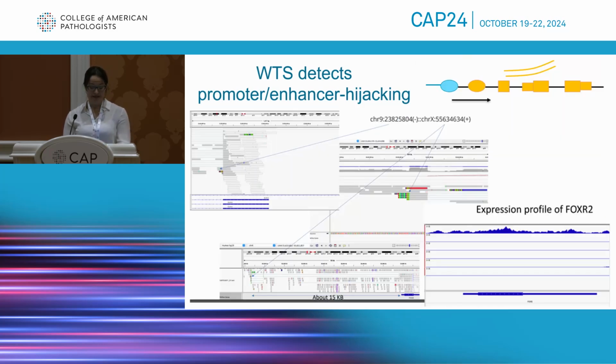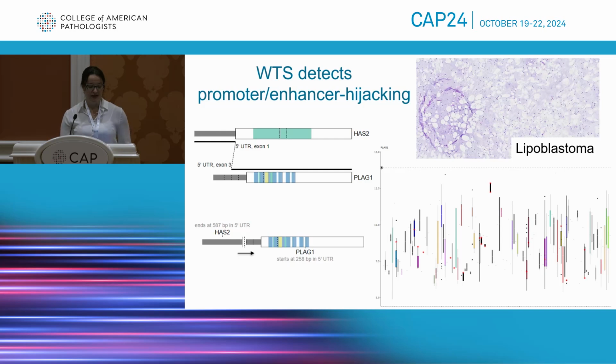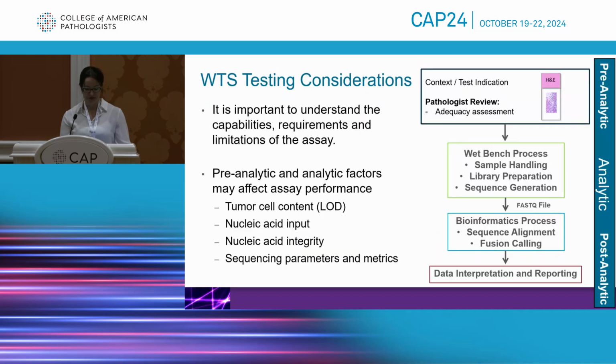That's a mechanism that's commonly a driver of the FOXR2 rearranged brain tumors. And it's also a mechanism that can lead to the activation of PLAG1 in lipoblastoma. So if your targeted panel is not covering the region of the genome, you're going to miss it. Whole transcriptome sequencing can detect it and provide support of the expression of the gene, so then it's functional.